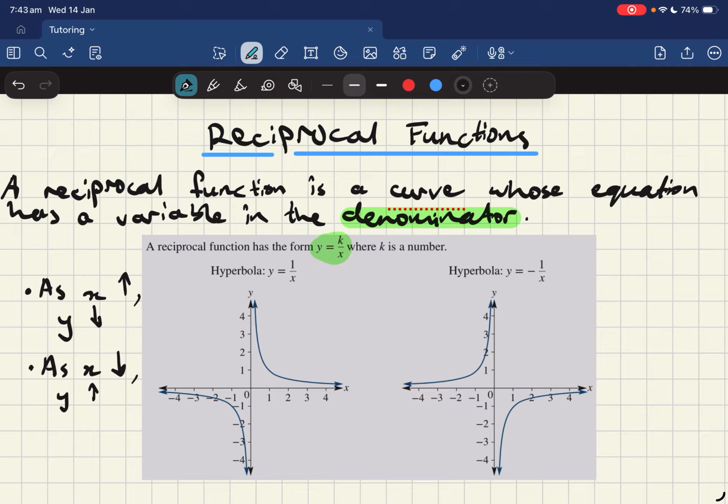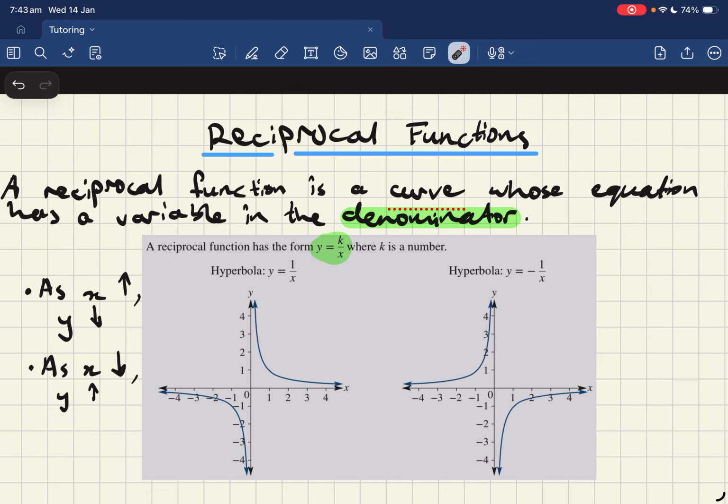This is the essence of the reciprocal relationship. Having one of them on the denominator and having the other one as the subject of the equation, as this one gets bigger, y is going to get smaller. That's why we see the graph going down like this. And as x gets smaller, y gets bigger. And we see a similar thing happening in this one on the right.